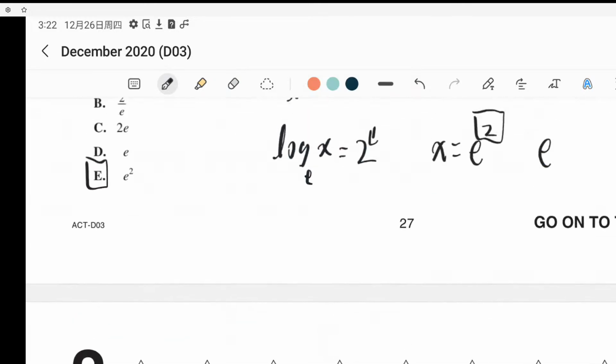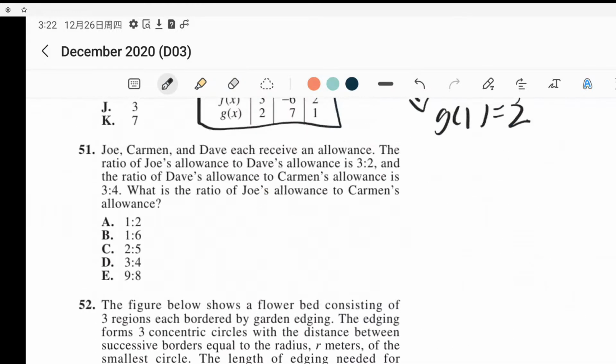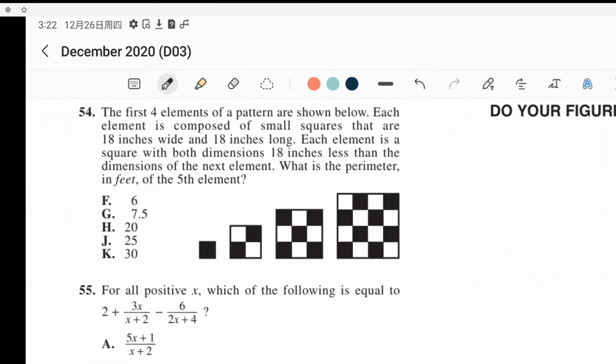Like 54, 52. These should be the harder problems.